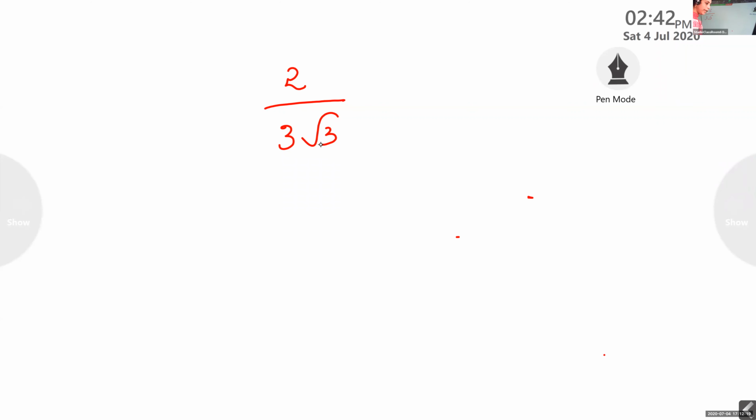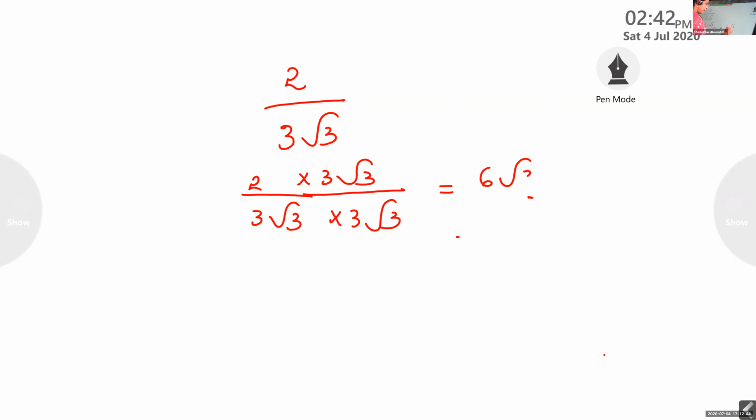You have to take 3 root 3 itself. 3 root 3 is the denominator. Don't take that irrational number separately. Take 3 root 3 itself, with the same number, into 3 root 3. Take the full number, don't take root 3 alone. You will get 6 root 3 by 3 root 3 into 3 root 3, which is 9 into 3. And you will get the answer as 6 root 3 by 27.